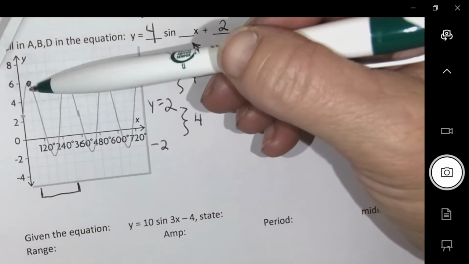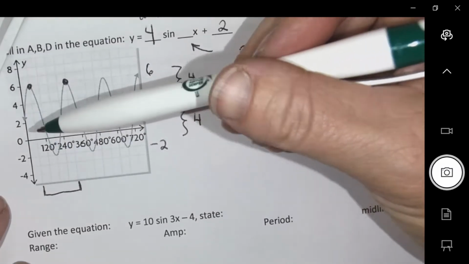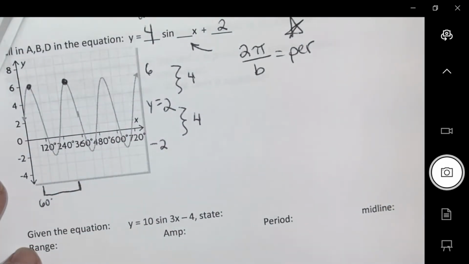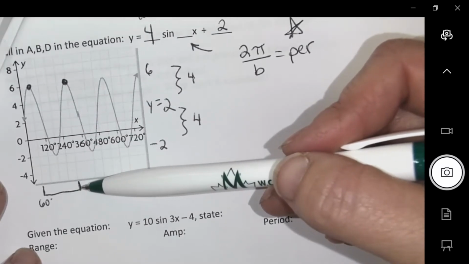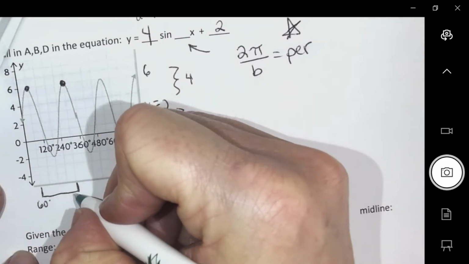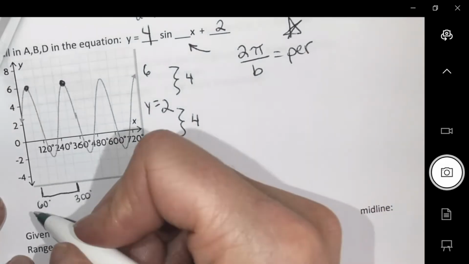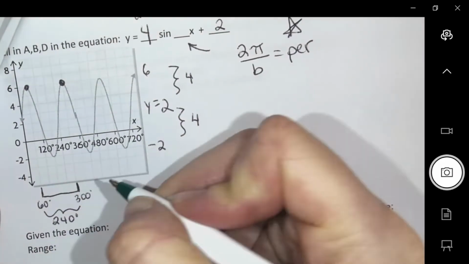How many degrees is this top point actually on? Which x value is it on? 60? What's the x value of the next top point? 300, because everything on that axis is going up by 60s, right? What's the space between them then? What's the period? 240 degrees.